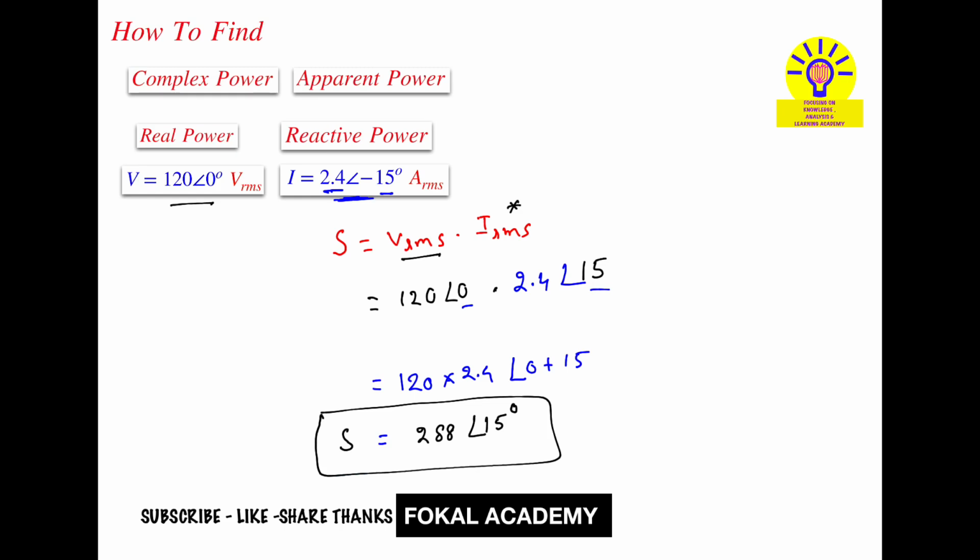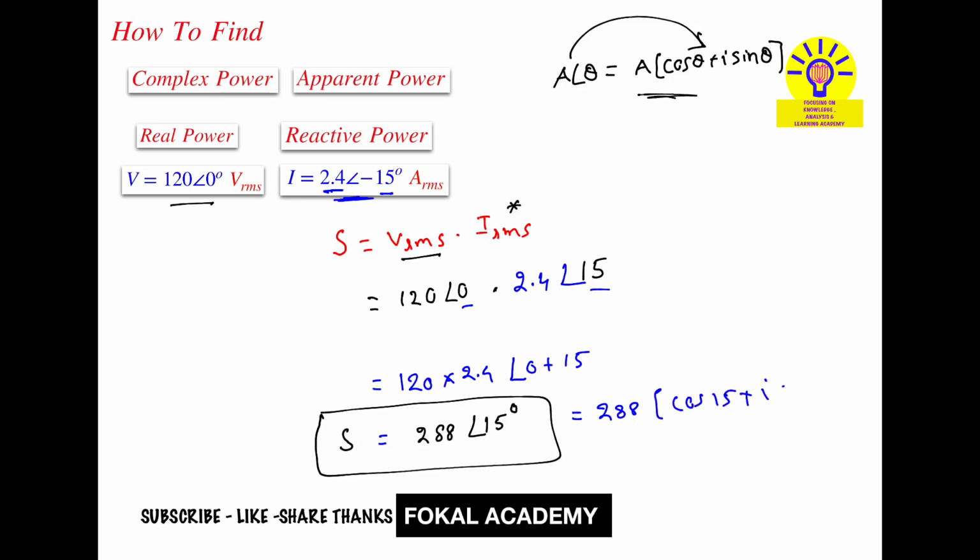Now convert this into a complex number. Whenever the phasor form is given like this, it can be converted into a complex number as capital A into cos theta plus i sin theta. This is the standard form of conversion from phasor form to complex number form. By applying this, it becomes 288 into cos 15 plus i into sin 15.